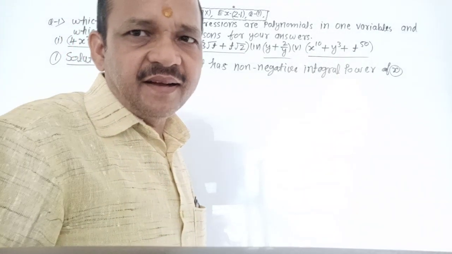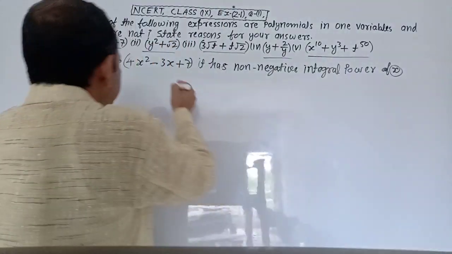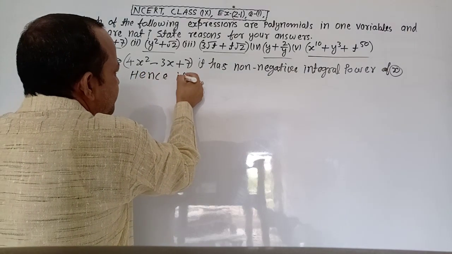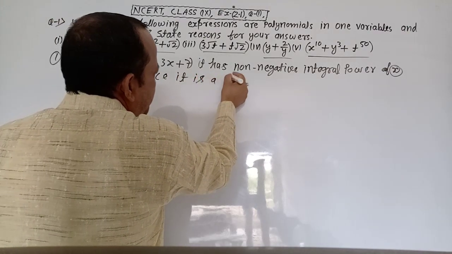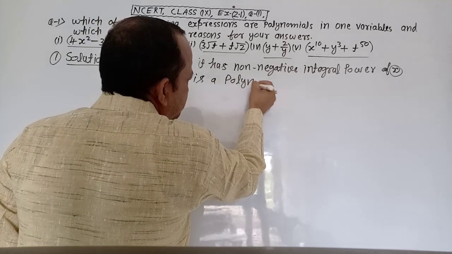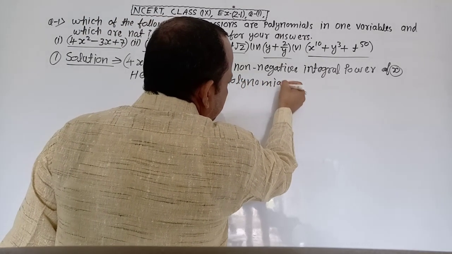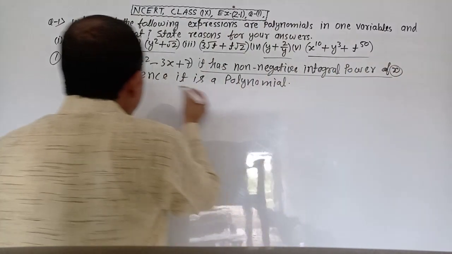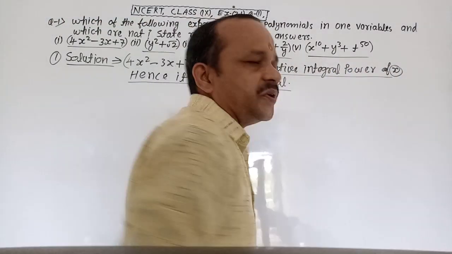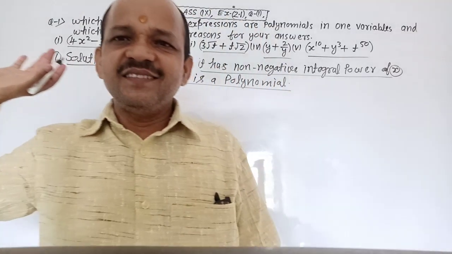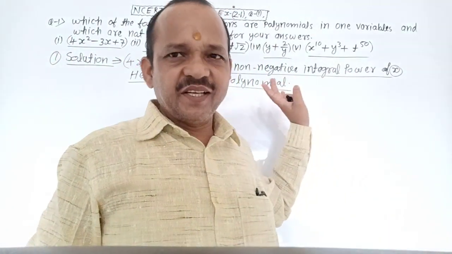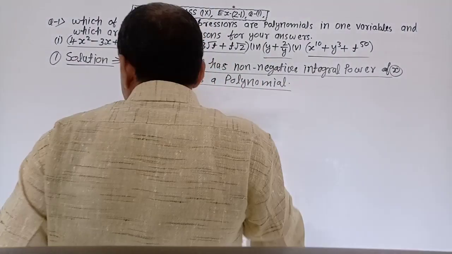Hence it is a polynomial. Non-negative integral power, hence it is a polynomial. It is clear? It is very easy. No confusion about it. Very good. Next.